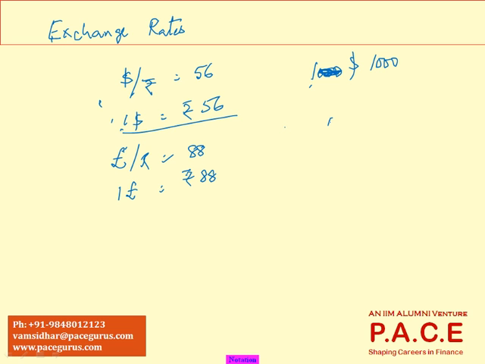So $1,000 means 56,000 rupees, right? And 1 pound is equal to 88 rupees. So 56,000 rupees will become 56,000 by 88 pounds.